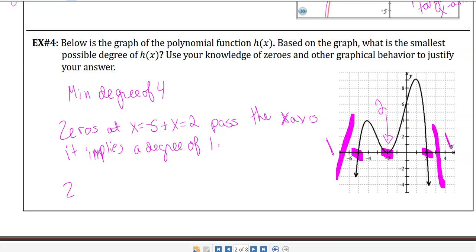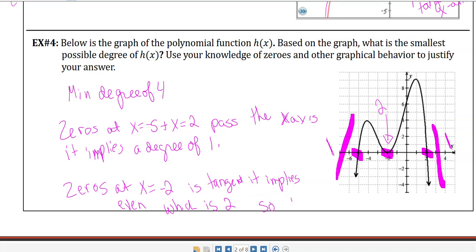And then also the zero at x = -2 is tangent, meaning it bounces off. It implies even, which is 2. So 1 plus 1 plus 2 gives us 4.